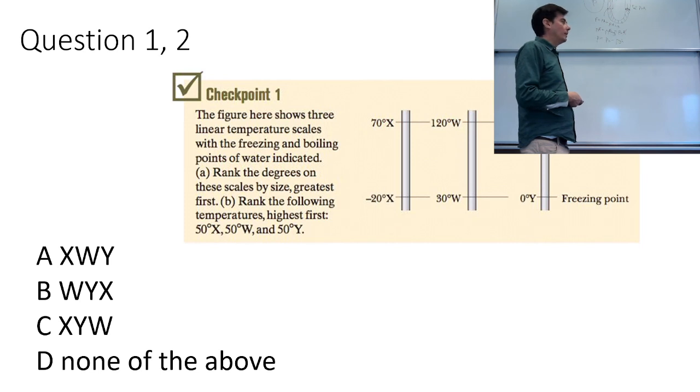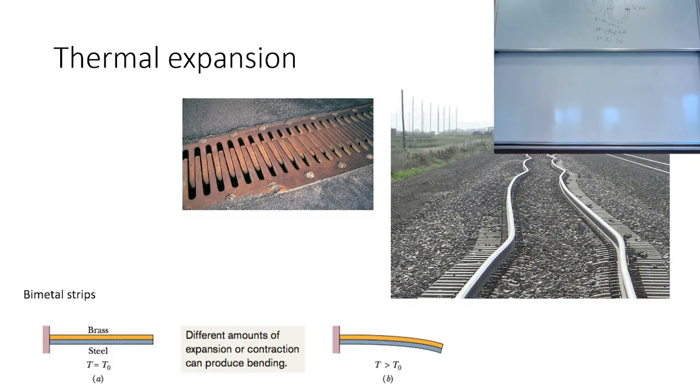Right, Y, and then W. I guess because 50 is the closest to the top on X, so this is further away, so it must be way down here, sort of in the middle. Okay. All right.